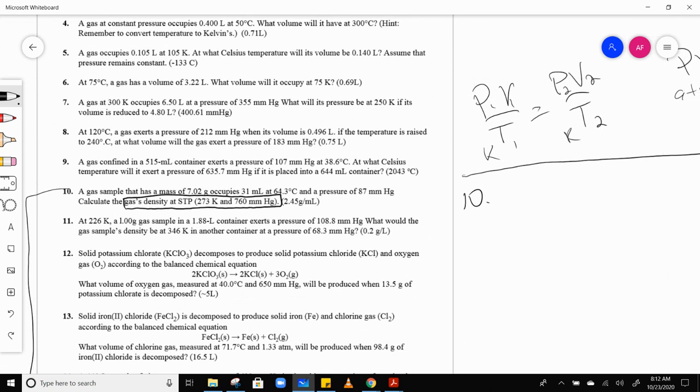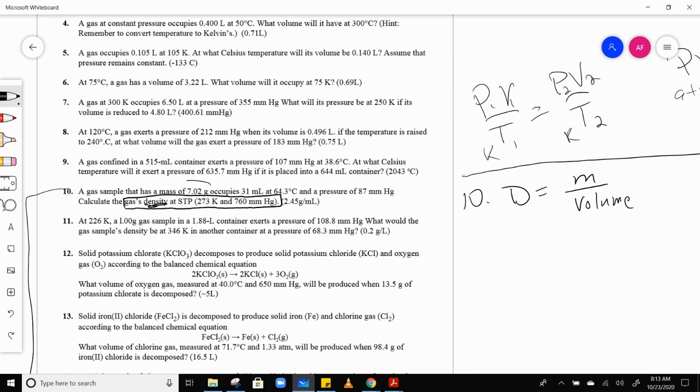So, where do we start here? Let's think here. Well, we know that there's 7.02 grams, and if we want to find density, density is mass over volume, right?